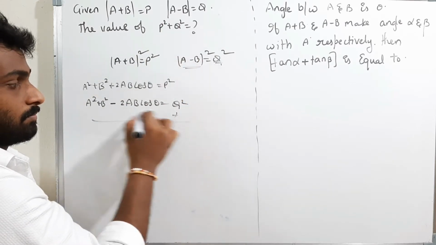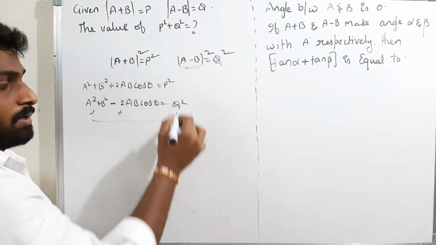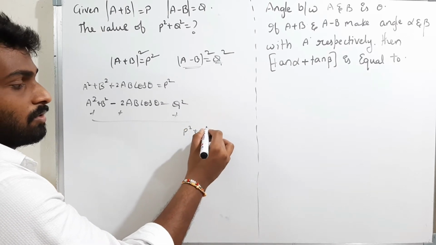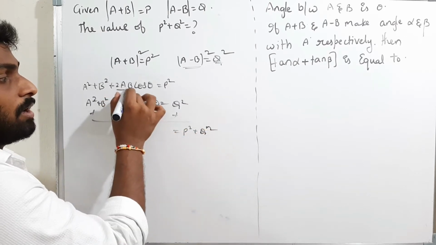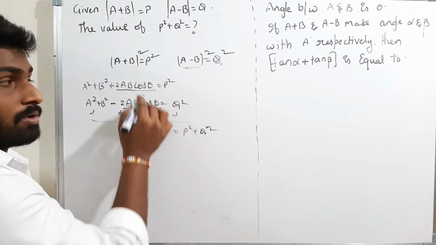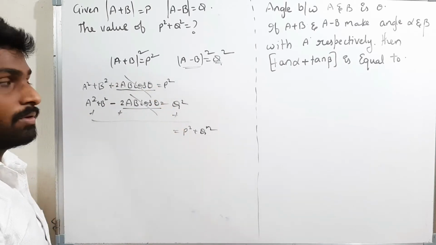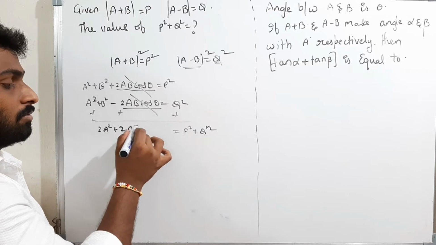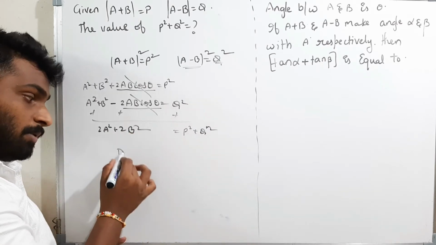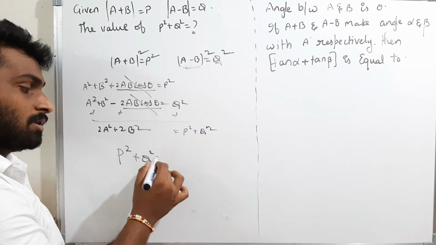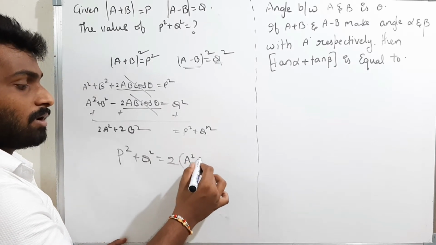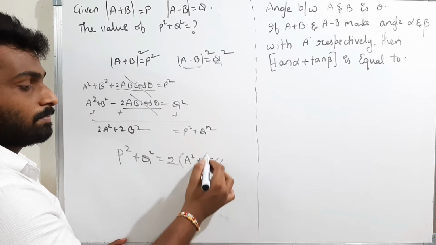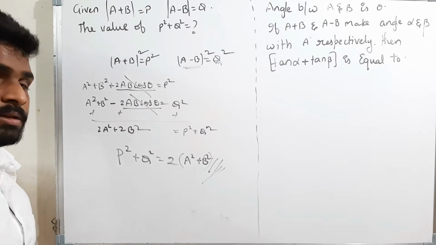Therefore, add them. For P square plus Q square, 2AB cos theta minus 2AB cos theta is cancelled off. What is the answer? 2A square plus 2B square. Therefore, the value of P square plus Q square is 2 into A square plus B square. That is the answer. It's a very simple question.